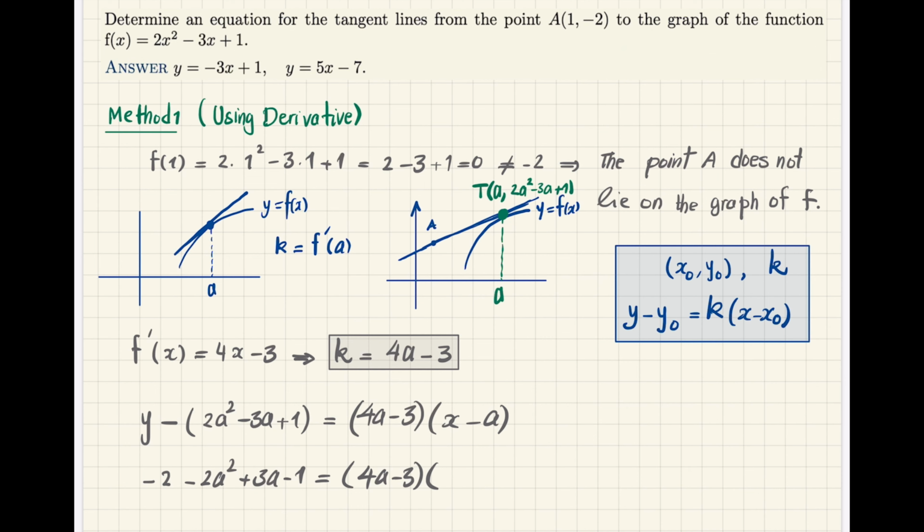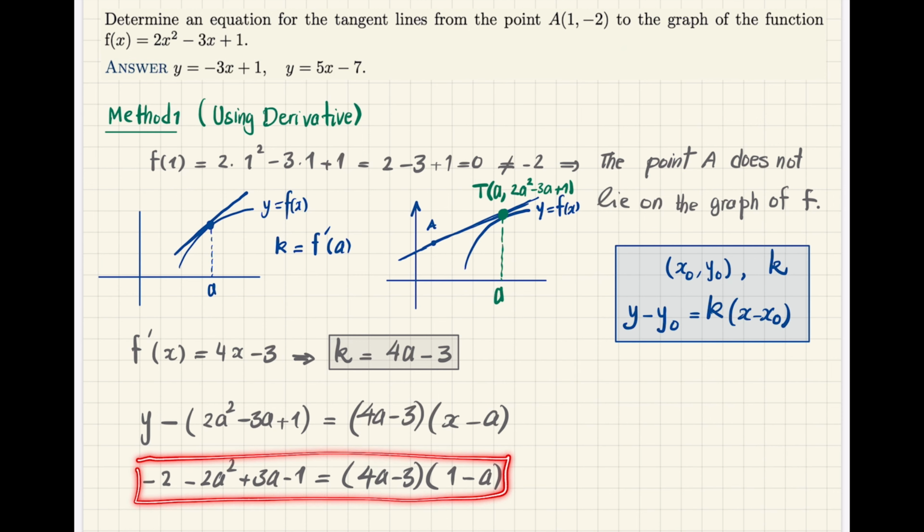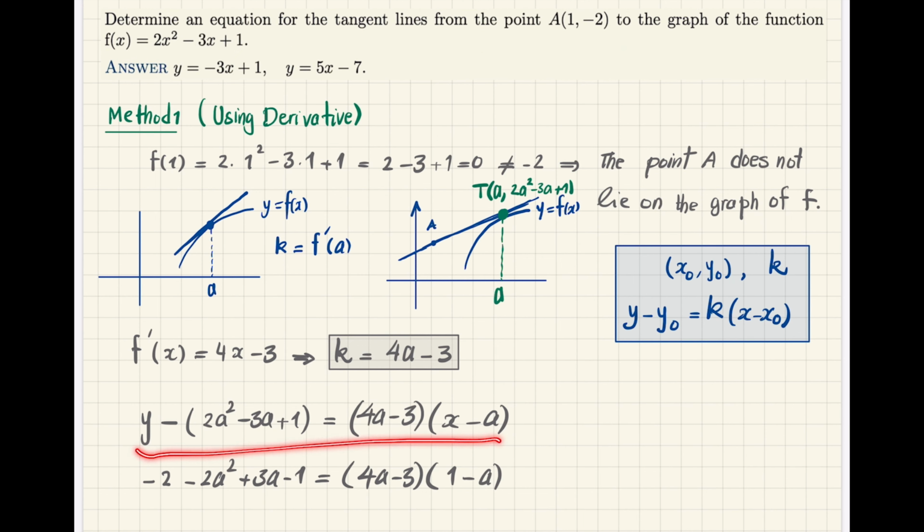So then this becomes x, which is 1 minus a. And now if I ask you what is not known here, there is only one unknown in this equation, and that is a. So I can solve for a. When a is found, I put it back into this equation. Then I get an equation for y and x, which would be my solution to the problem.